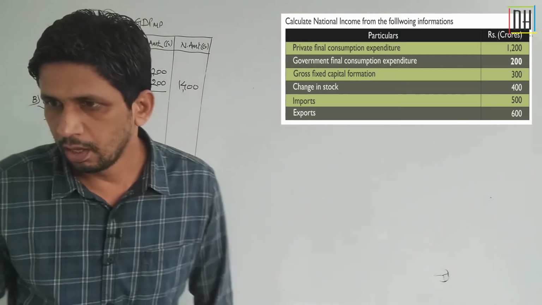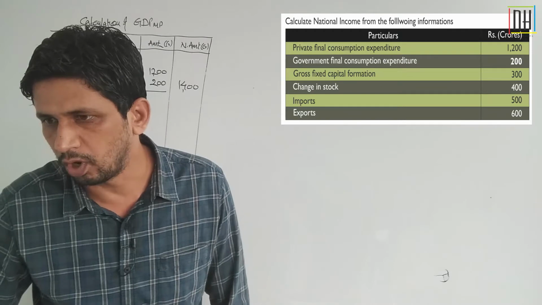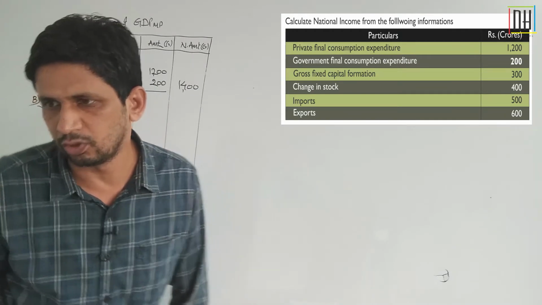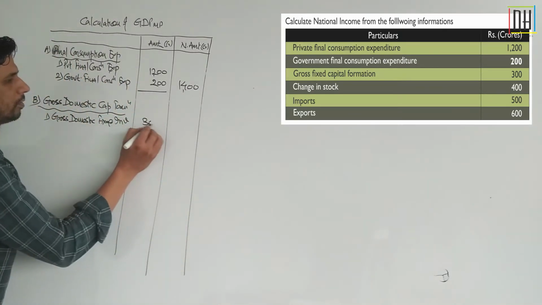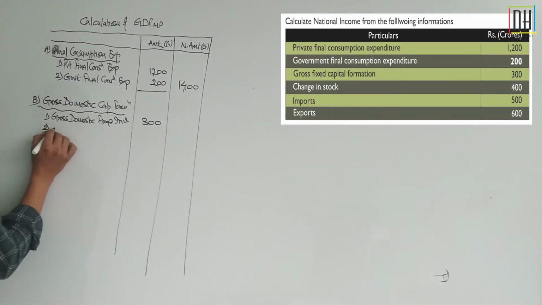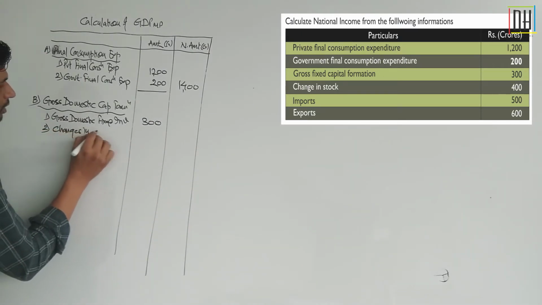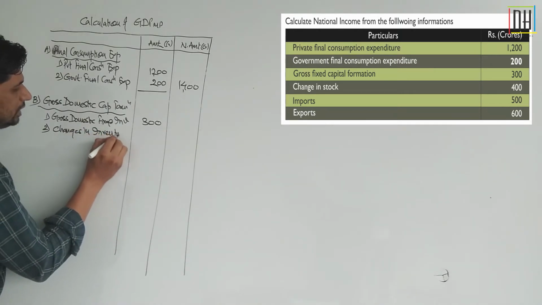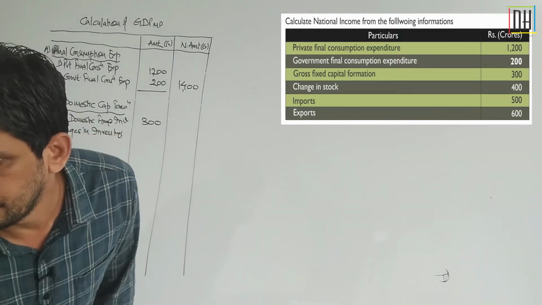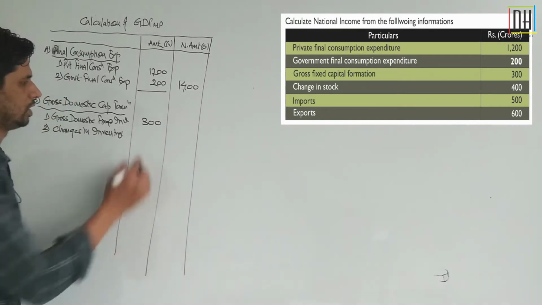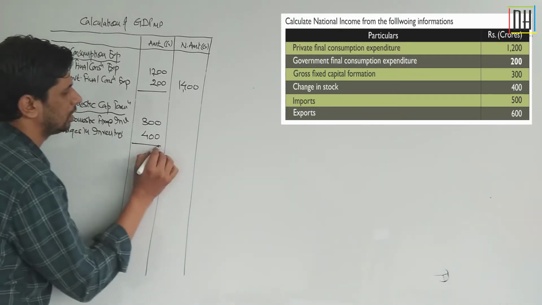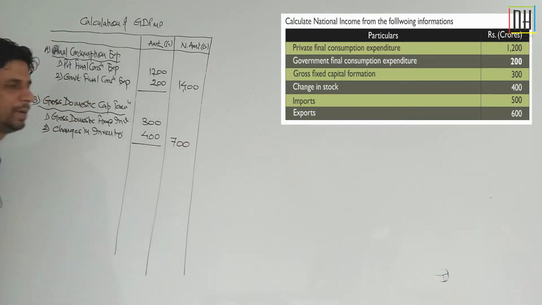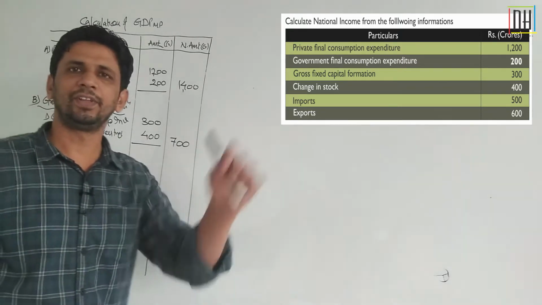Gross fixed capital formation is rupees 300. And number two is the changes in inventory, increase or decrease in inventory, whatever. Changes in inventory is directly given, that is 400. So total of gross domestic capital formation is 700 crores.